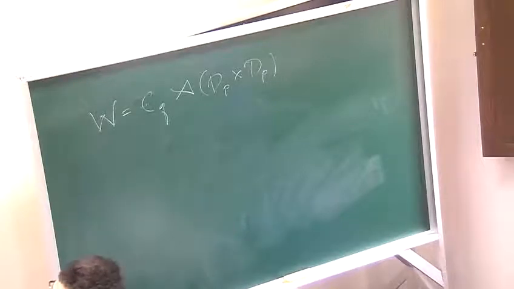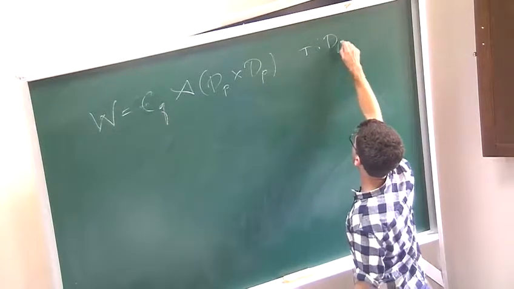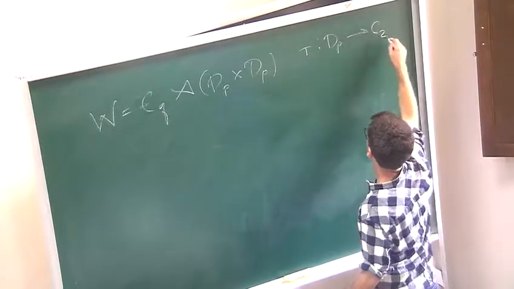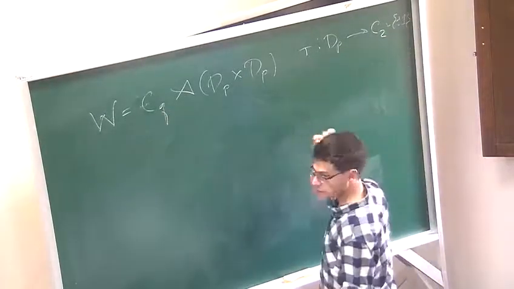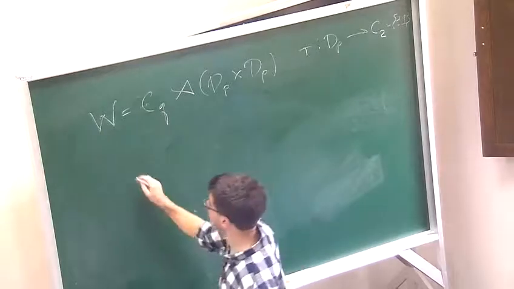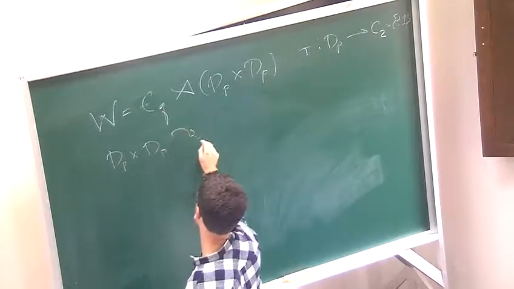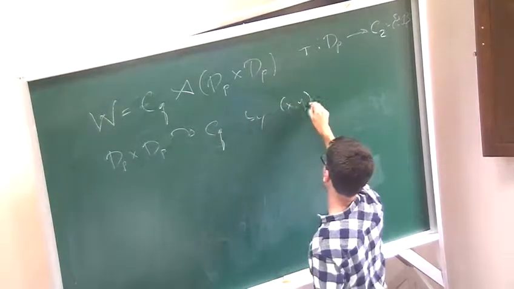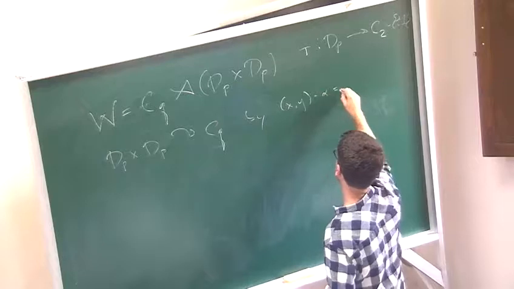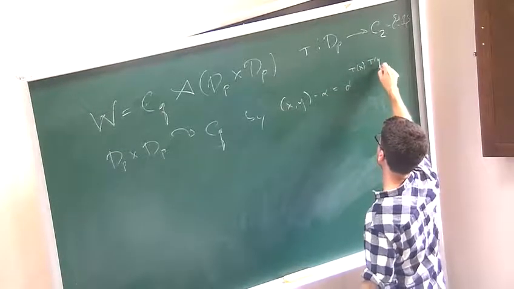Okay, so can you also write quantization? Yeah, sure. So we have tau, which goes from Dp to C2, which we're thinking of as plus or minus 1. You mean CQ? No, C2. And then Dp times Dp acts on CQ by x, y, acts on alpha by alpha to the tau x, tau y.